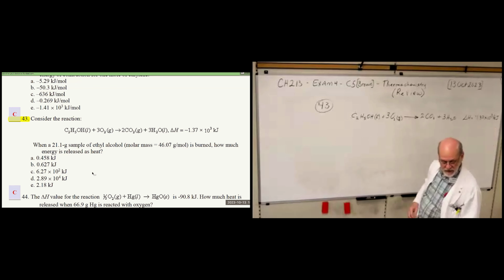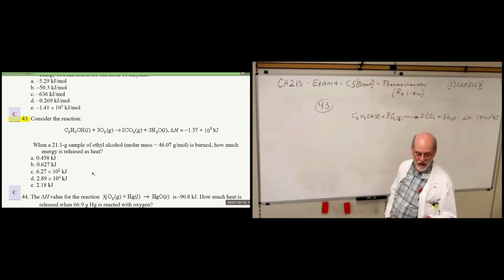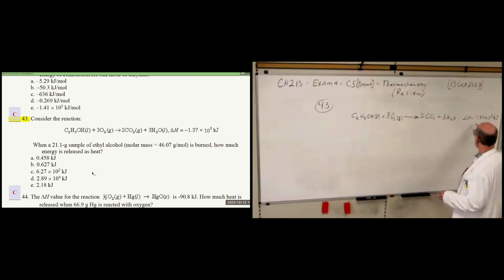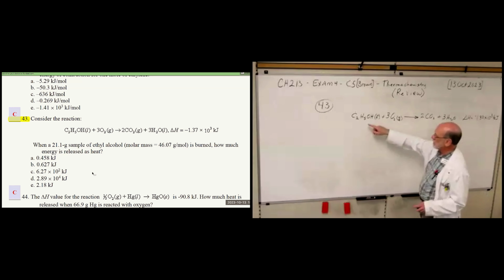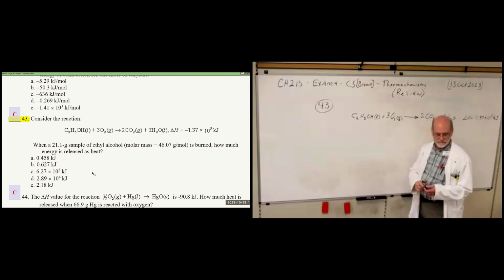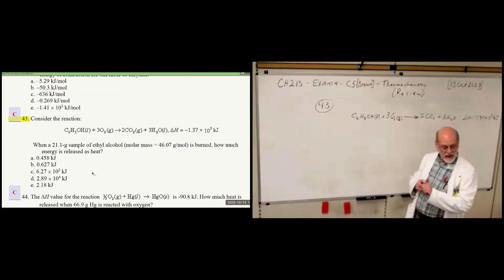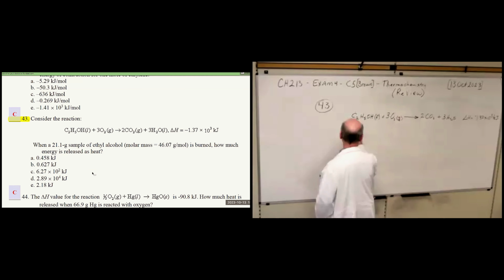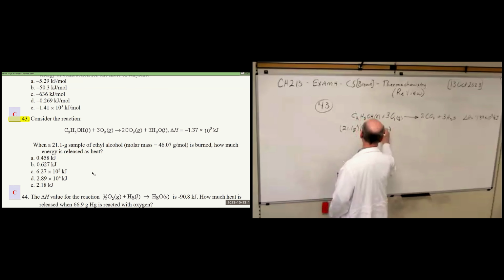The problem here says 21.1 grams of ethanol, and we want to know the energy there. So this is in terms of 1 mole of ethanol. But we don't have it in moles. We've got 21.1 grams. So that has to be changed to moles, right? Grams per mole.